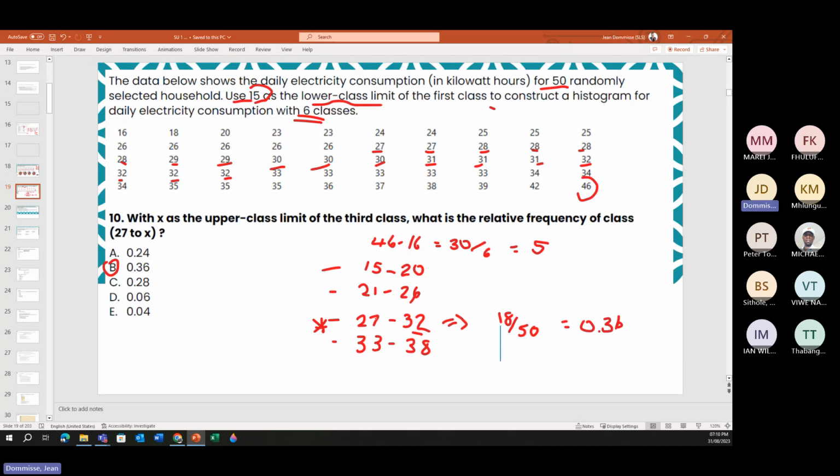Next one starts at 27 to 32. Then we would have had the last one, and we stopped at 56.